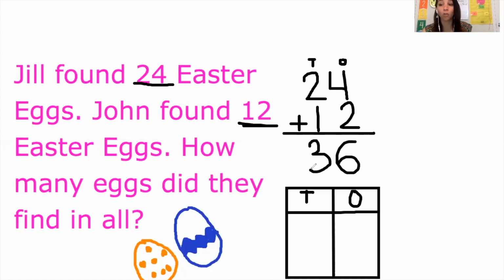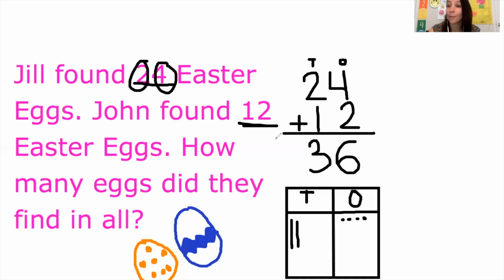You could have also drawn it if you'd like. You do not have to draw it on the test. It's just there if you want to do it that way. So Jill found 24 Easter eggs. So first I'm going to draw 24. In the number 24, there are 2 tens and 4 ones. 2 tens and 4 ones. 1, 2, 3, 4.